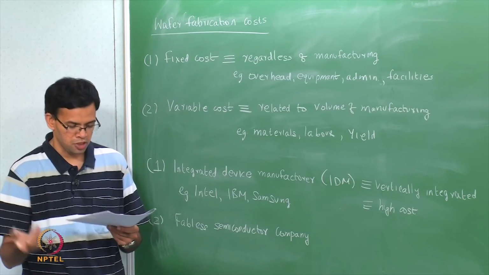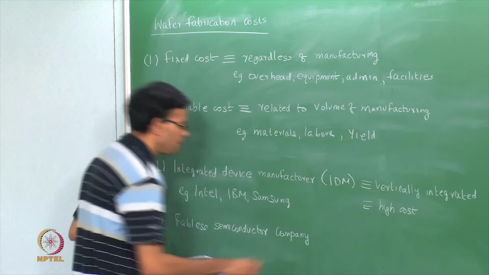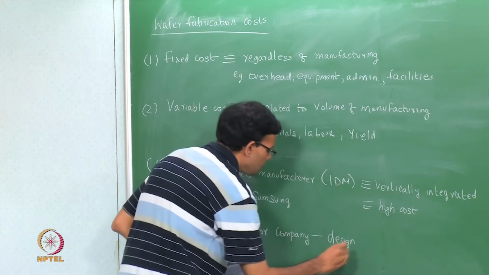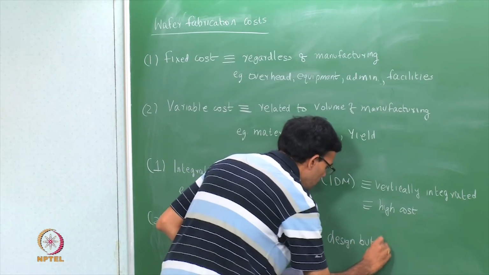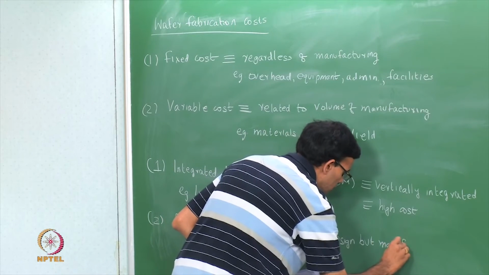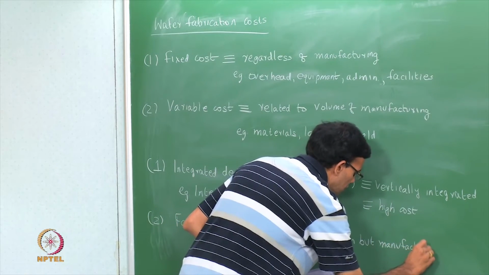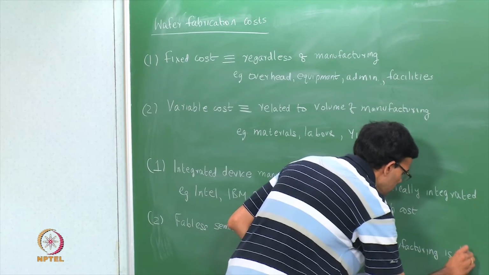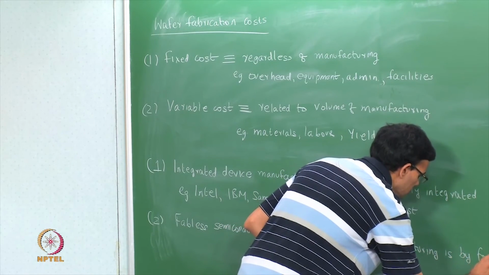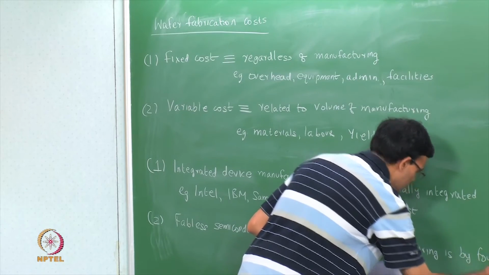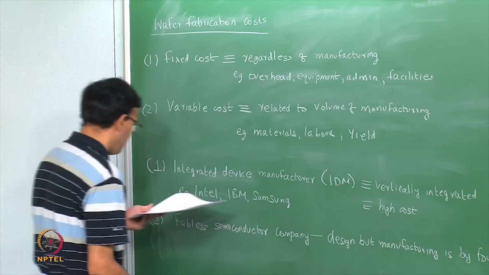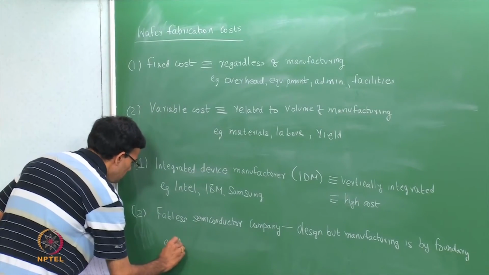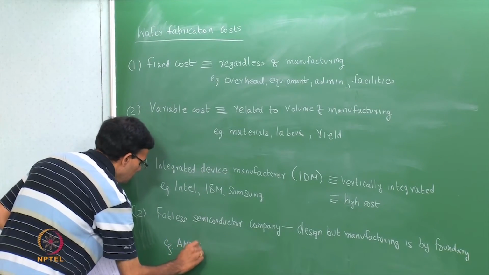So, they outsource the chip manufacturing to a foundry. So, they do the design but manufacturing is done by a foundry. Examples of fabless companies include AMD and Qualcomm.